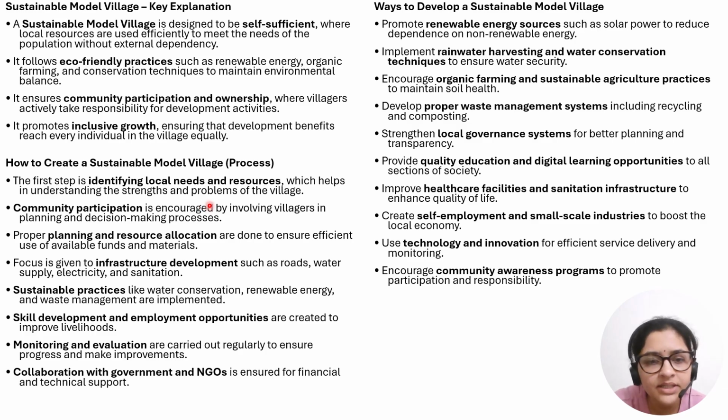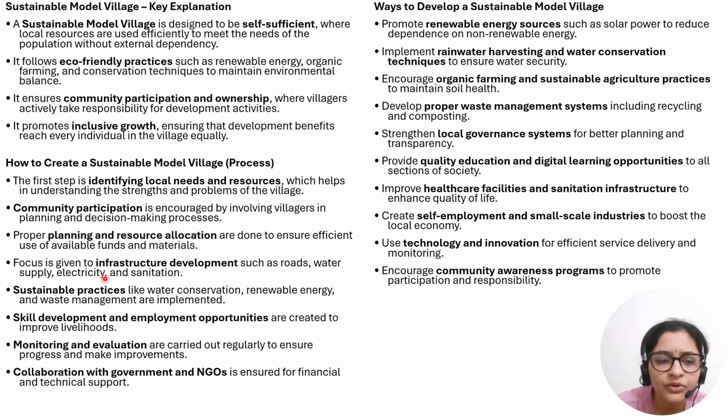So, how to create a sustainable model village? This has many steps. The first step is identifying the local needs and resources. Next is community participation, which involves villagers in the planning and decision making process. Third, proper planning and resource allocation should be done.